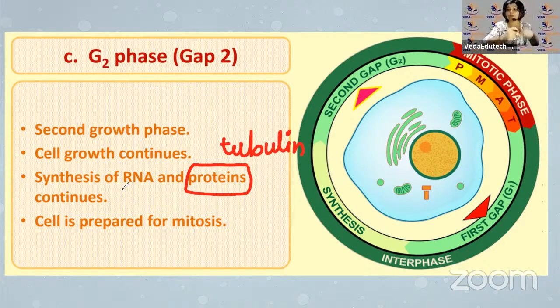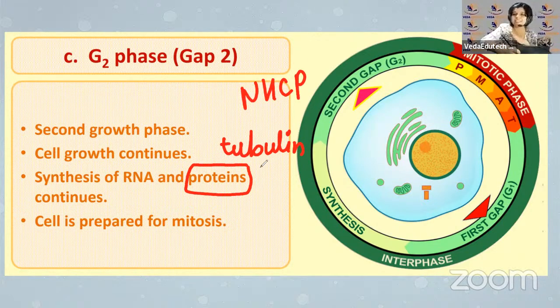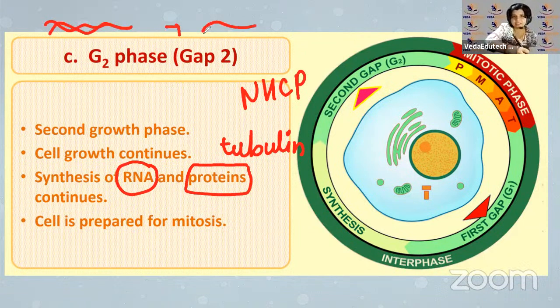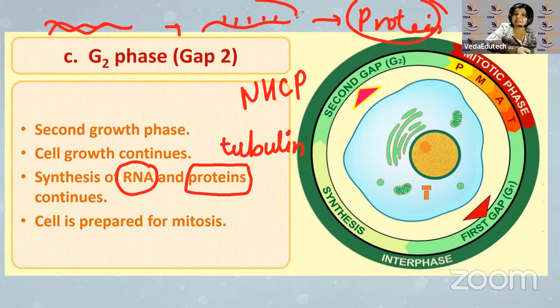What else? For packaging DNA, we synthesized chromatin histone protein earlier. Now we need non-histone chromosomal protein. So we need a lot of proteins to be synthesized here. Also RNA. Why RNA? Because you know the story, right? From DNA, we get RNA, and from this RNA, protein is formed. So if protein is to be formed, we must have RNA. So RNA and proteins both will be synthesized.